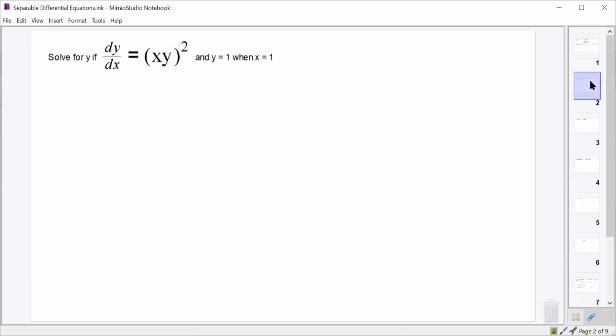Probably apply that squared to both the x and the y. Yes. And then we'll separate the variables. So we'll have dy over y squared equals x squared dx. Everybody good with that?